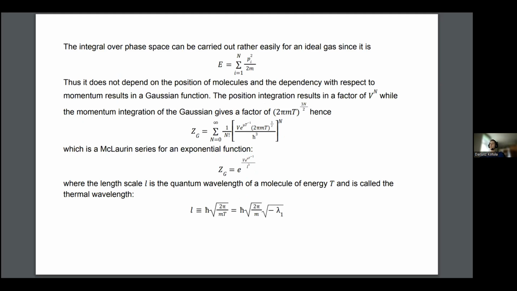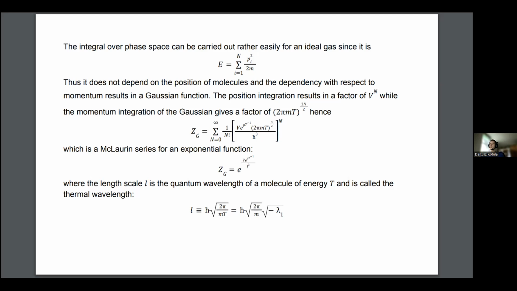The integral over phase space can be carried out rather easily for an ideal gas because energy E equals the sum from i equals 1 to n of momentum pi squared over 2 mass m.